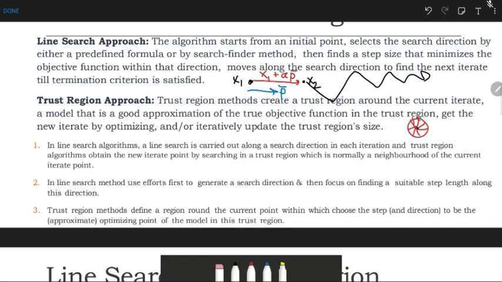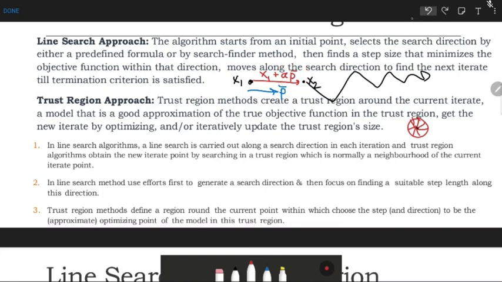In line search methods, we generate a search direction and then focus on finding a suitable step size. Trust region methods define a region around the current point within which we choose the step and direction to be approximately optimized. Okay, I think that is exactly what is happening here. In line search, we will first find the direction, then we will find the alpha, then we will get our x2, and we'll keep doing this process many times.